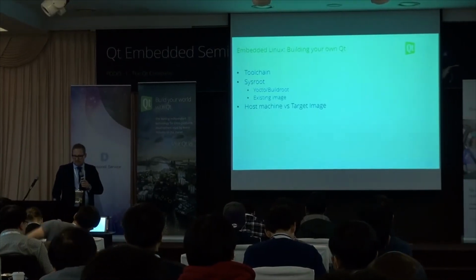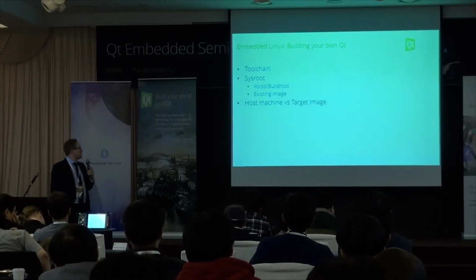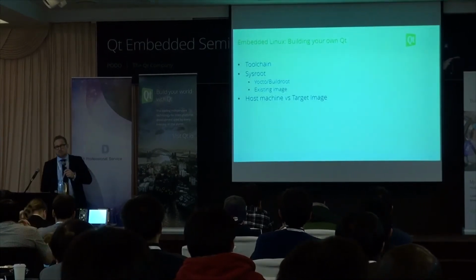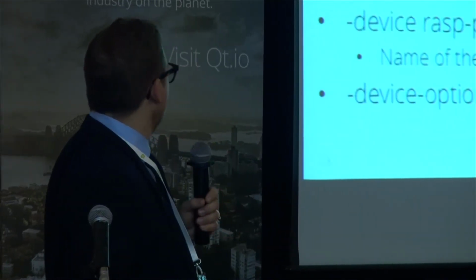But before I do that, I just want to mention another thing. Now we have a number of pre-compiled Qt versions, but it's very easy to build your own Qt version for these embedded targets as well. You have to create your sysroot, and you have to know what you're building for. But it's very simple with Qt.